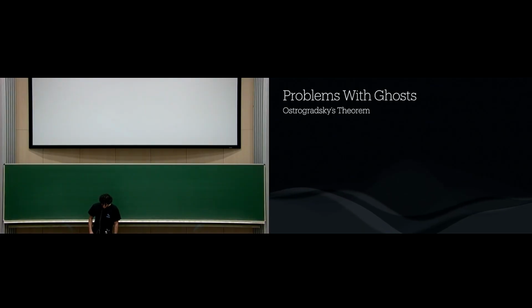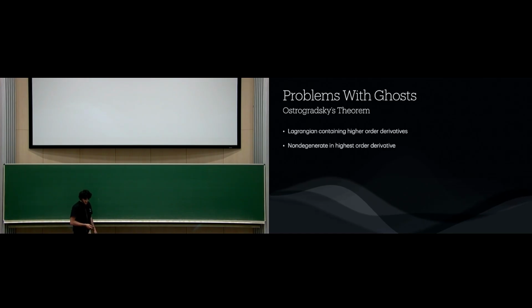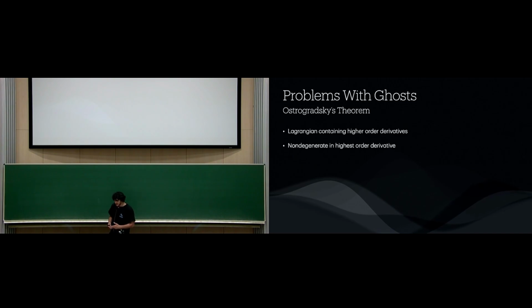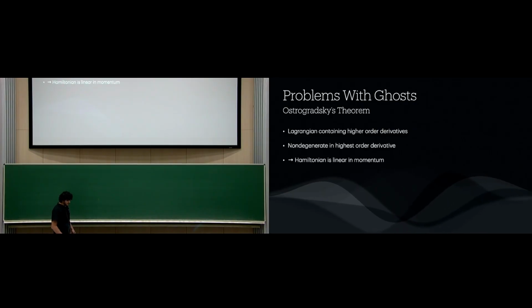Okay, so we've talked a bit about the problems with ghosts. They generally introduce instabilities, there's the possibility of runaways, and quite frankly, negative energies are quite unphysical. So there's this theorem called Ostrogradsky's theorem. Essentially what it tells us is, if you have a Lagrangian that contains higher order derivatives, and it's non-degenerate in the highest order of the derivatives, then its Hamiltonian will be linear in one of the momenta.